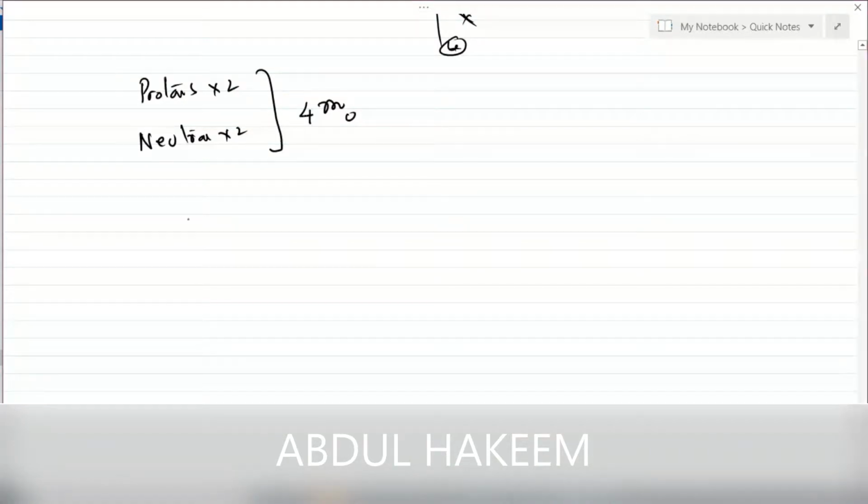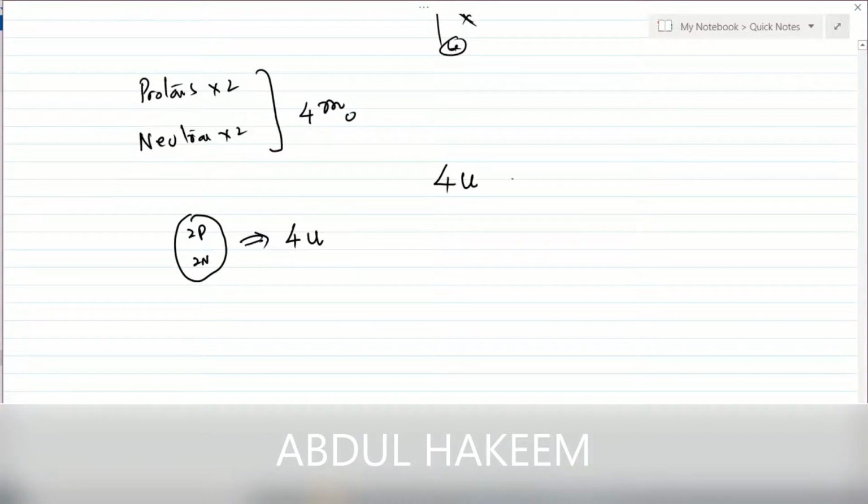But when they are part of the nucleus, meaning the alpha particle or the helium nucleus, their mass is represented by 4u, and the 4u is always smaller than the 4m naught.